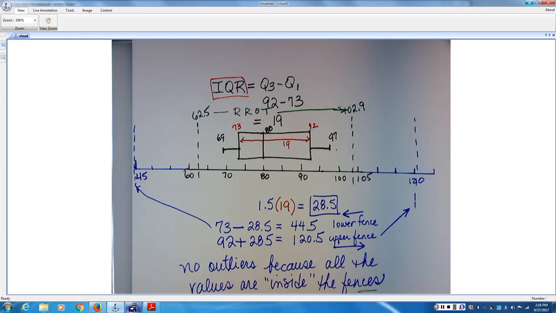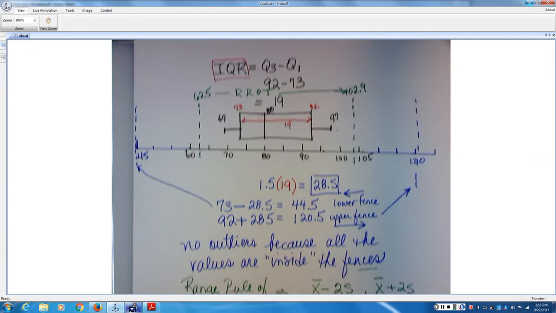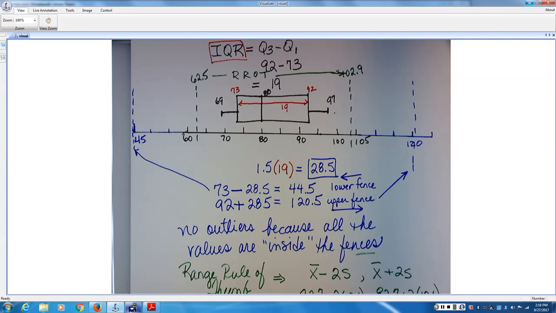But please remember, just because you determine there are or are not outliers doesn't mean you automatically throw out that suspicious piece of data. That's still a legal piece of data unless you know for a fact that it was not correct. Unless you can actually go back to the person that collected the data and they say, oh, I must have written that down wrong, or I wrote that down backwards, or somebody typed it in wrong.